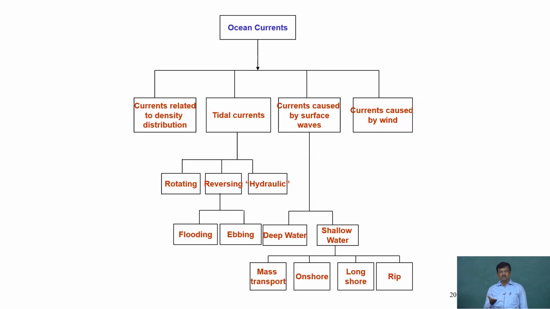Take the water free surface, say in 1000 meter water depth, and water at the bottom may be much more dense compared to the free surface. Most of the time this will be true, particularly for tropical waters. Tropical water temperature is high at the free surface, and density is a function of temperature and salinity.